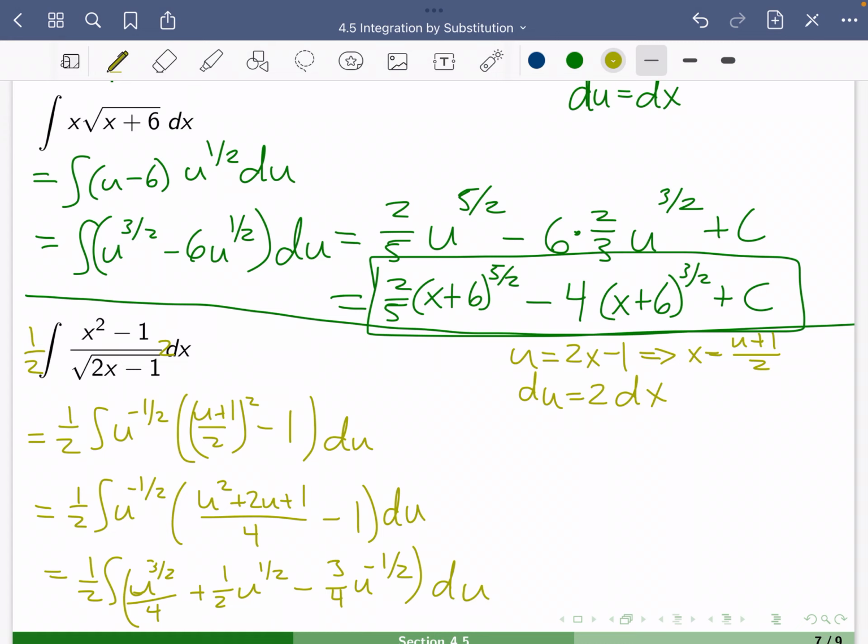Then add 1 to the power for each of those and divide.